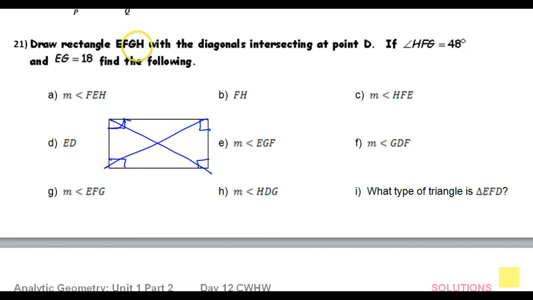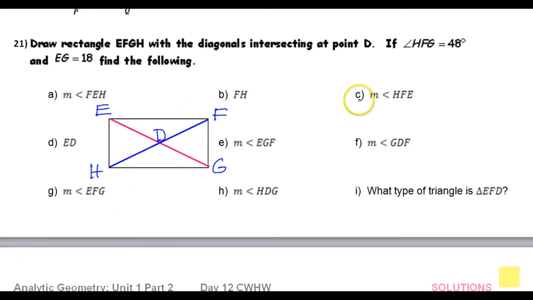It says draw a rectangle EFGH, with diagonals intersecting at point D. So here I go. EFGH. I feel like I should make it better. So there's our picture, and they also said angle HFG is 48 degrees.